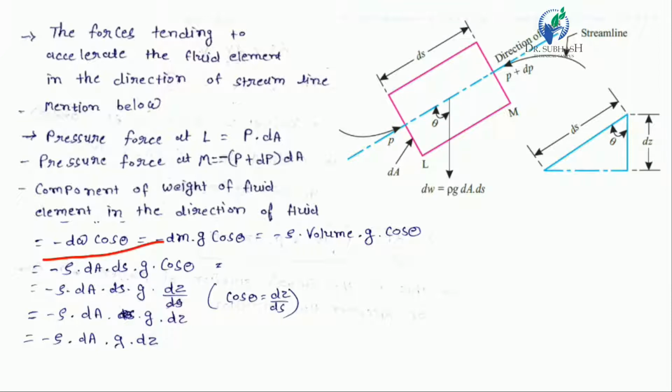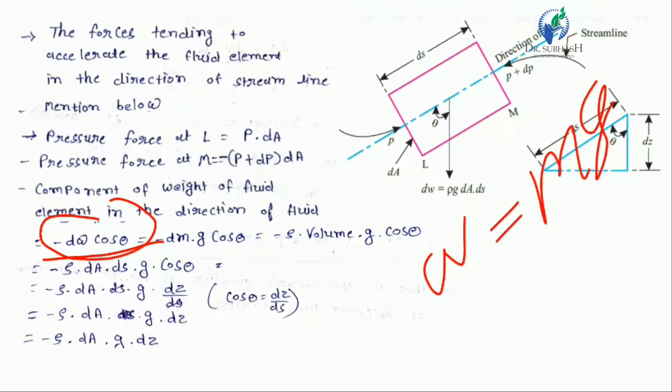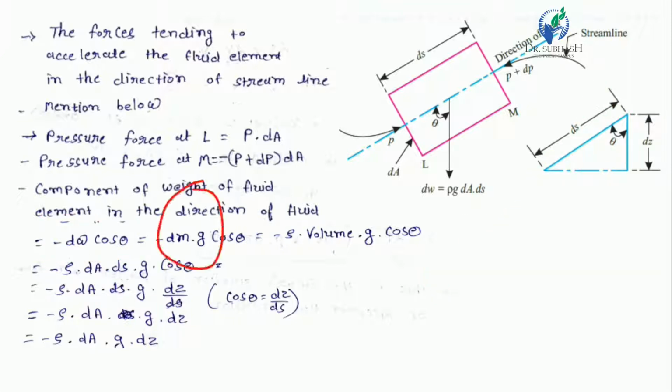So negative dW cos theta. We know that weight is equal to mg, so mg cos theta. Now m is converted into density into volume, so rho, volume, and g cos theta as it is.